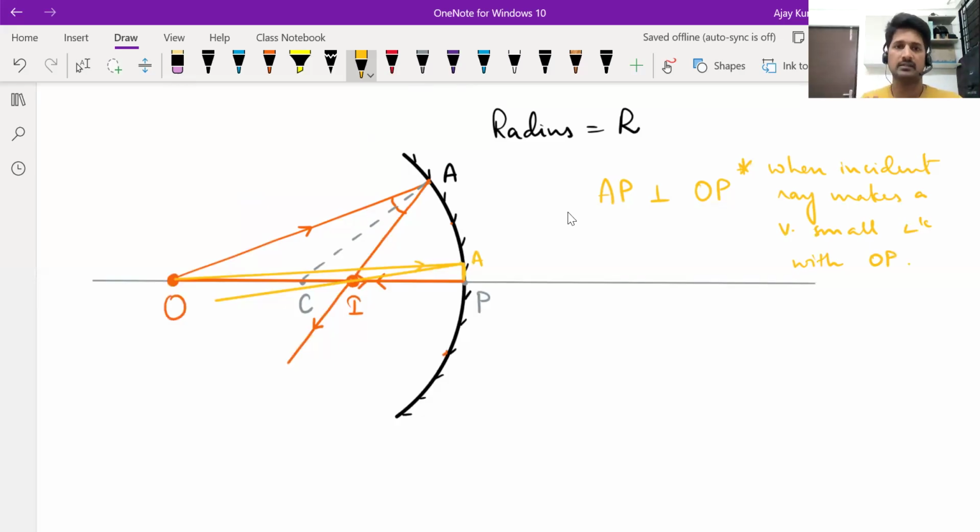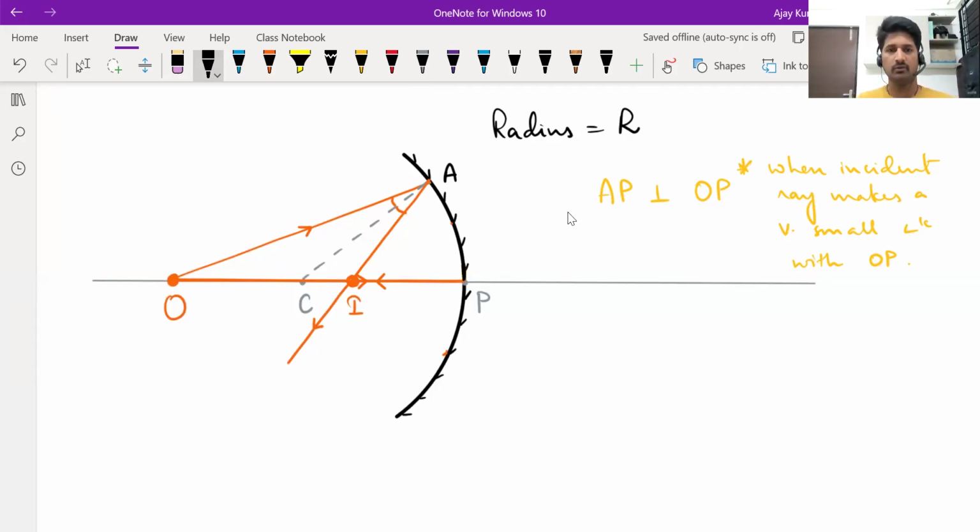We are going to consider that assumption. So whatever we are deriving after this will be valid only when the incident rays are very close to that line OP. There is a name for them. We'll discuss all that. So assume AP is a straight line and that straight line is perpendicular to OP.